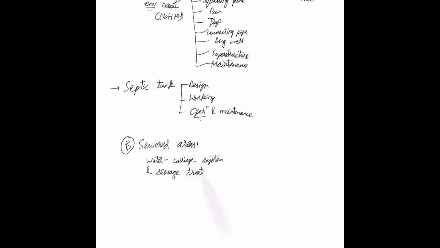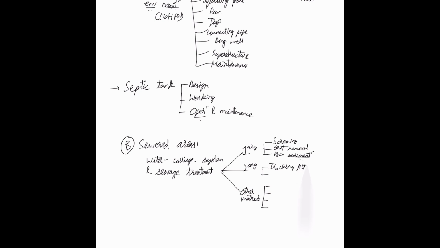Under sewered areas, we have the water carriage system and sewage treatment. So we have primary, secondary and other methods of treatment. Primary treatment consists of screening, grit removal and plain sedimentation. Secondary treatment involves trickling filters and the activated sludge process.